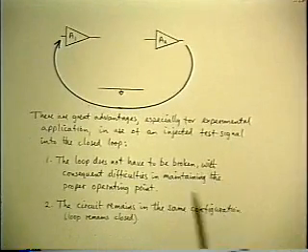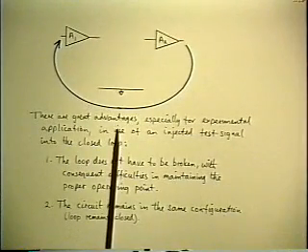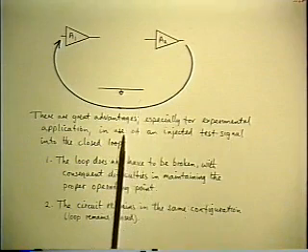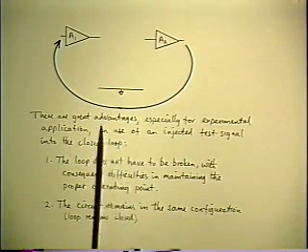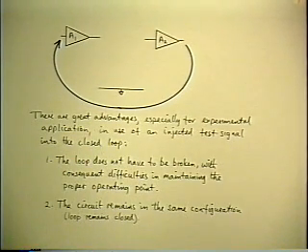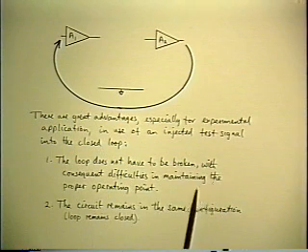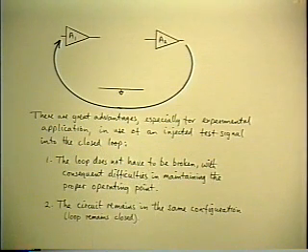So, in words, there's tremendous advantage, especially for experimental application, in the use of an injected test signal into the closed loop, because you don't have to break the loop with the consequent bias difficulties. The loop remains in the same configuration.